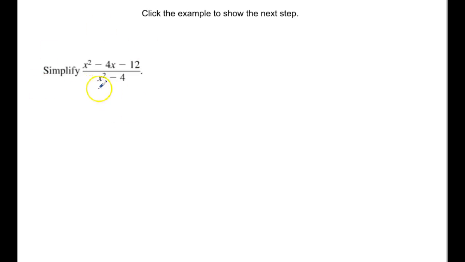I'm asked to simplify this rational expression. The first thing I want to do is factor. I know that I can factor this numerator, and we're going way back to factoring. My first term is going to be x for both of them. Then all of my possibilities for negative 12: I can multiply 12 times 1, 6 times 2, and 4 times 3.